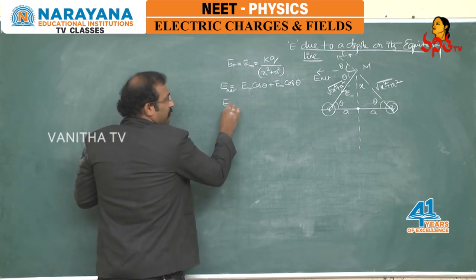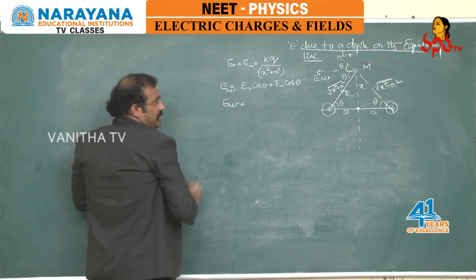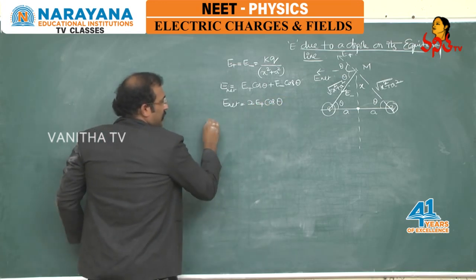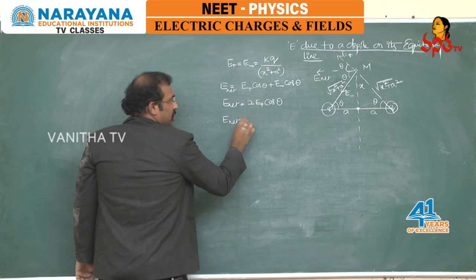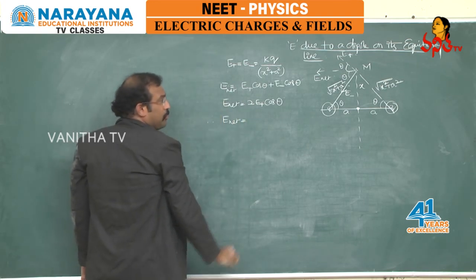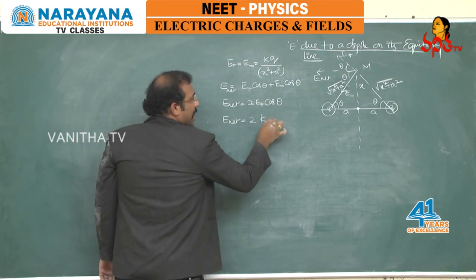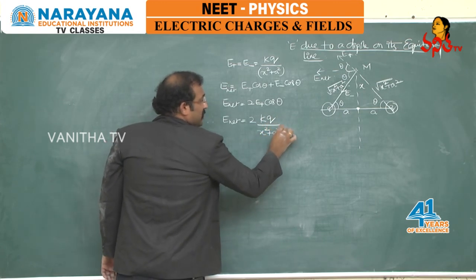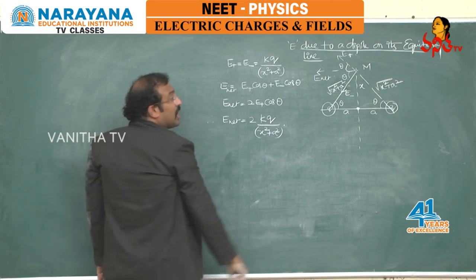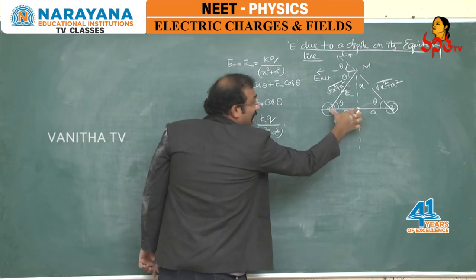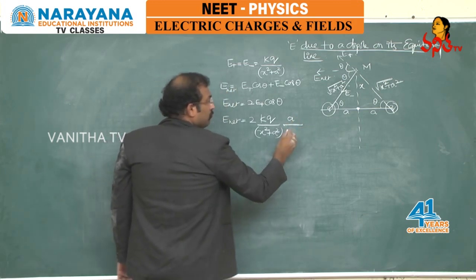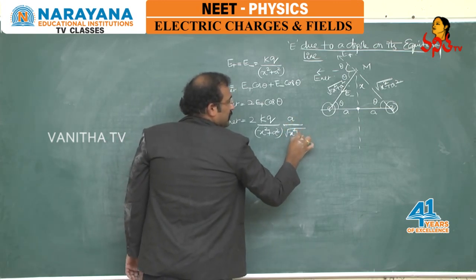So from this we can write E net is equal to 2 E plus cos theta. Therefore, the net electric field on the equatorial line of a dipole can be written as 2kq by (x square plus a square) into cos theta. Cos theta is adjacent side by hypotenuse, that is a by root of x square plus a square.